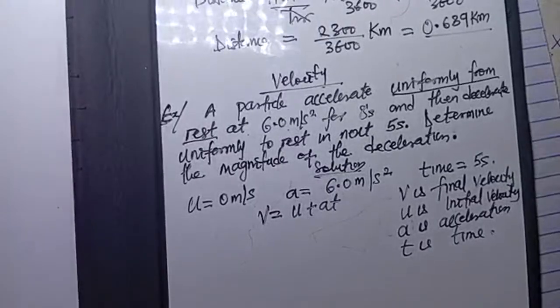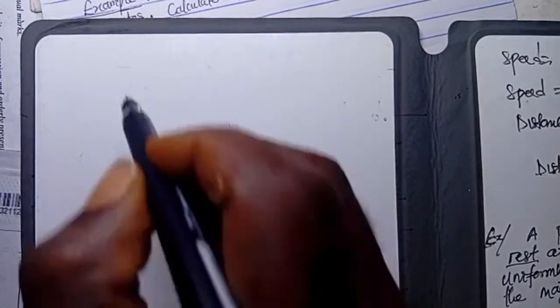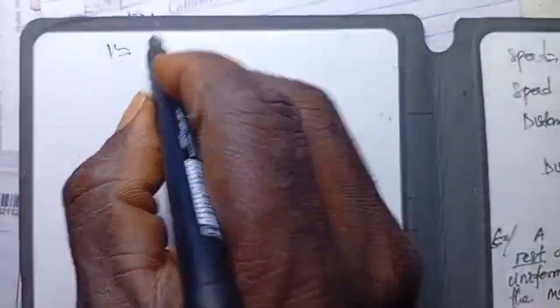So let me continue from this page. Yes. Now, V is equal to U plus AT.